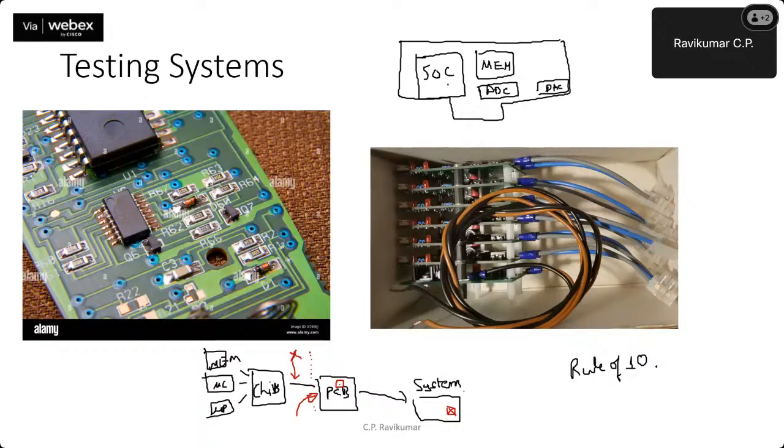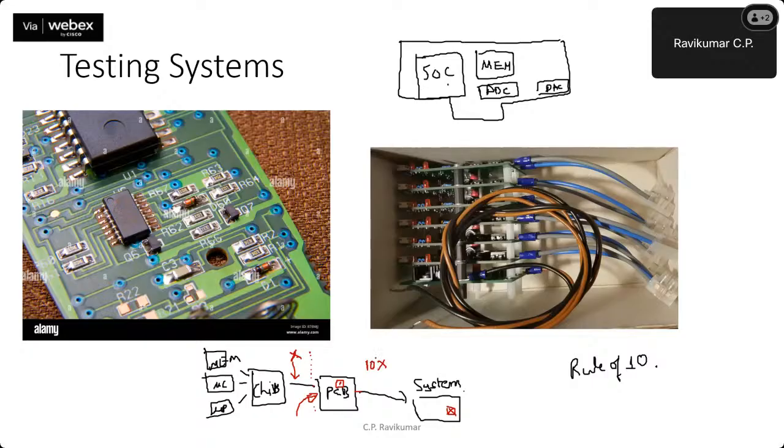If X is the cost of testing the chip, then the cost of testing the PCB and detecting where the error is, if the PCB is tested and we identify that the problem is actually this particular chip over here, that cost will be 10x.